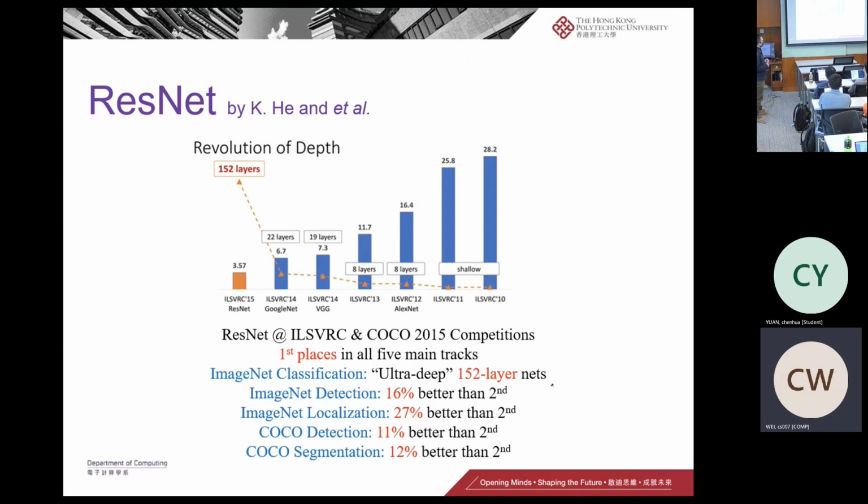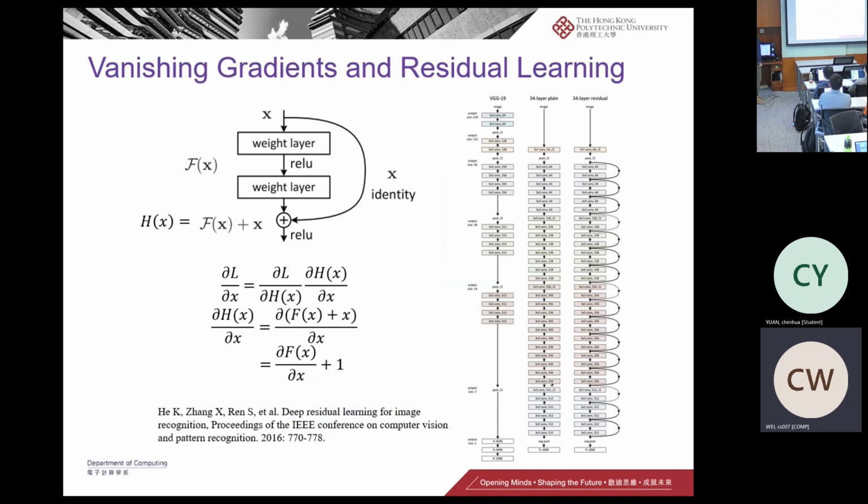That's why it's important, not only because of performance, but because of some tricks ResNet introduced, which make it possible for people to stack in more layers. The trick is quite straightforward. It's shown here.